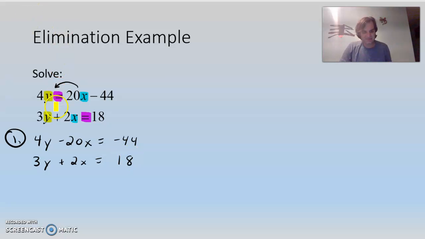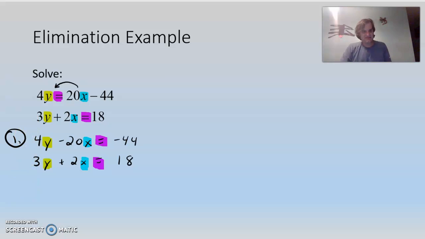So now I have y over y, x over x, and equals over equals. So everything's lined up. But the problem is, if I add these together, I would get 7y minus 18x equals, I don't know, but the x and the y are still there.